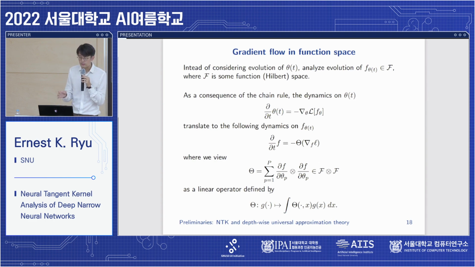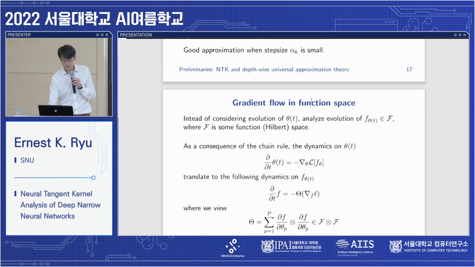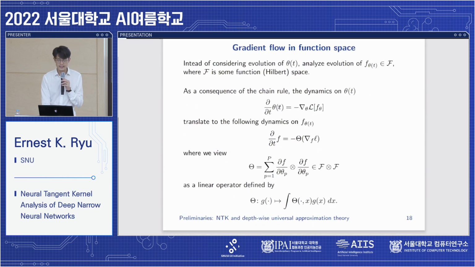But in this theory, let's not look at the parameters, because in the end, the parameters are not what we actually care about. What we care about is the prediction function. So instead of looking at d theta dt, how does theta change over time, let's look at df dt, where f is our prediction function that uses theta as its neural network parameters.